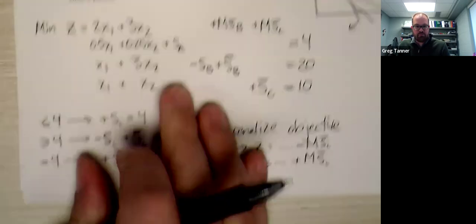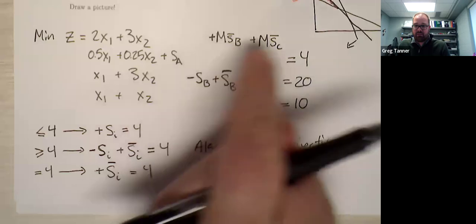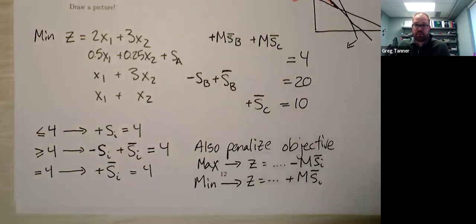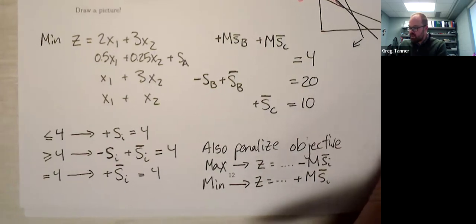Let's go ahead and put this into our Tableau. We're going to leave these M's as arbitrary big numbers. We're not going to give them a value yet. When we work in R, we'll have to give them a value though. Okay, let's translate this into a Tableau. I'll start a new sheet of paper here so that we can work through the Tableau method.